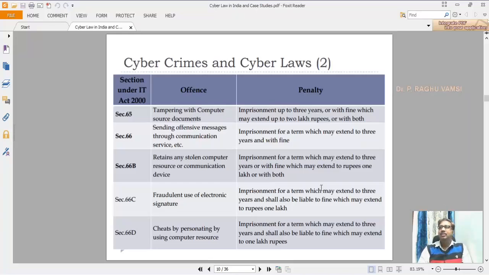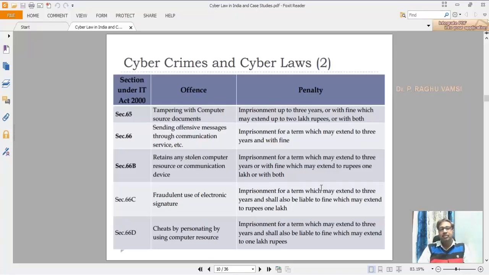In Uttar Pradesh also, one intermediate student placed some message on social media. Immediately the police arrested that person, who was actually a minor, but still they arrested the person. But finally they came to know that they had booked the person under 66A.